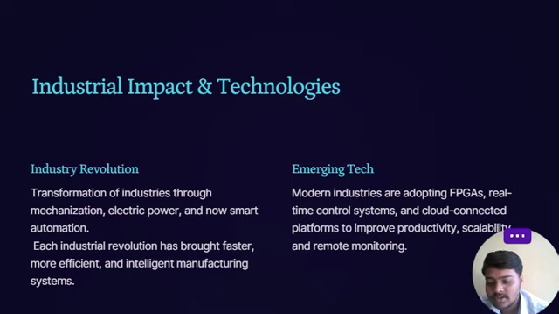Each industrial revolution has brought faster, more efficient, and intelligent manufacturing systems. Second one is emerging tech. Modern industry mainly uses FPGAs, real-time systems, and the cloud.